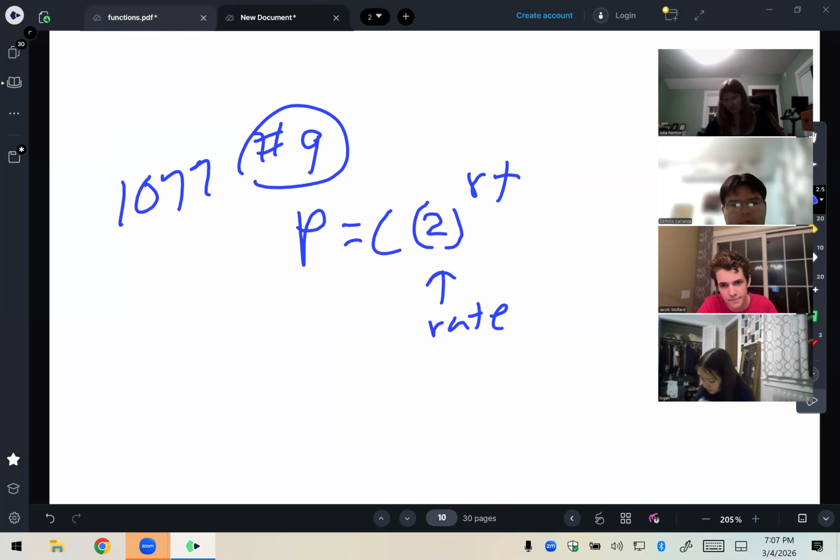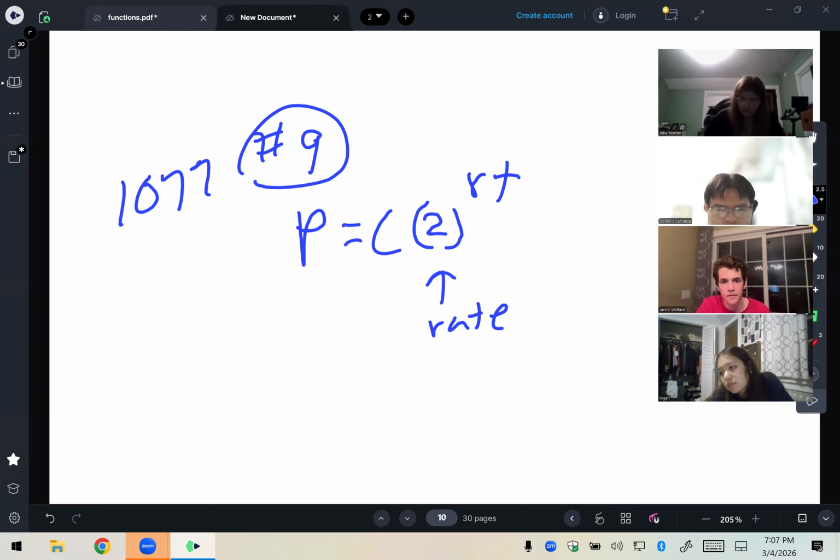A scientist initially measures 12,000 bacteria in a growth medium. 4 hours later, the scientist measures 24,000 bacteria. So the bacteria have doubled in 4 hours. Assuming exponential growth, the formula P equals C times 2 to the RT gives the number of bacteria in the growth medium, where R and C are constants, and P is the number of bacteria T hours after the initial measurement. What is the value of R?